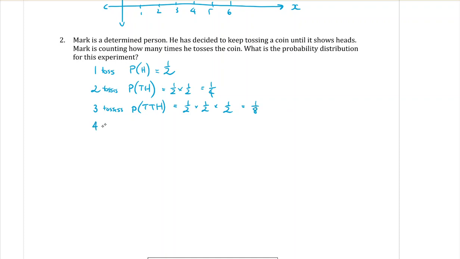So let's just do one more for good measure. 4 tosses would be tail, tail, tail, and then finally a head. Instead of doing half times a half times a half times a half, let's now write that as half to the power of 4. Because if I did 5 tosses, it'd be to the power of 5, and you get the idea. That would be equal to 1/16 as well. So we could continue in that pattern.